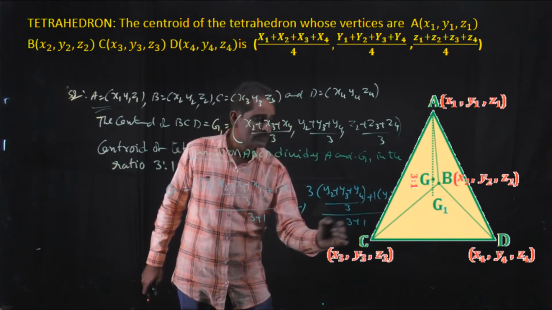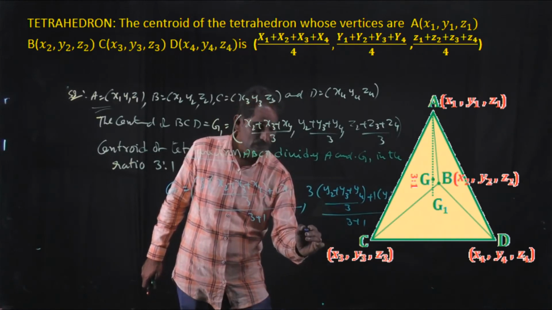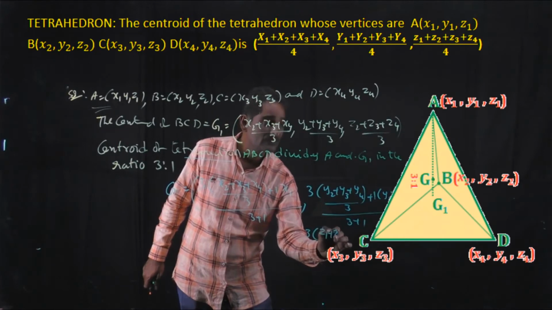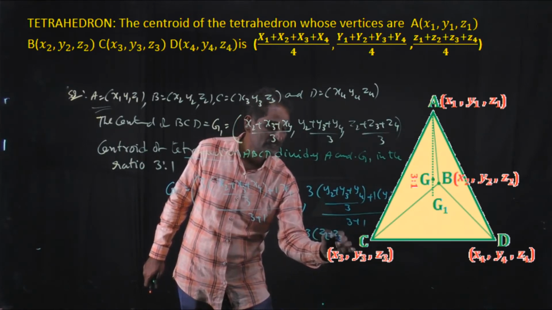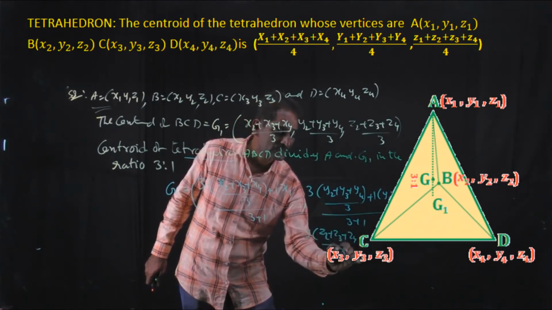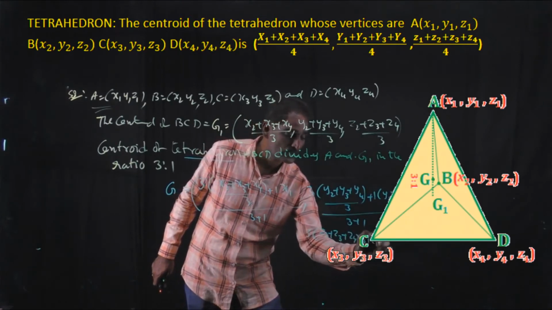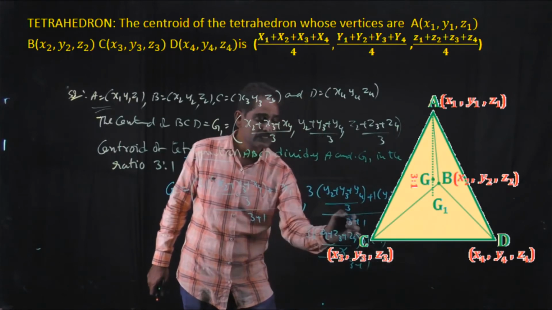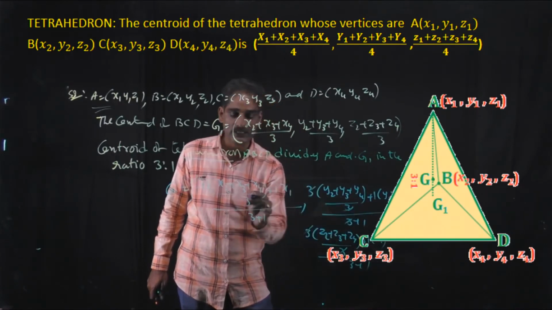Next, what about the third coordinate, the z coordinate? 3 into (z2 + z3 + z4)/3 plus 1 into z1, whole divided by 3 plus 1. The 3 gets cancelled.